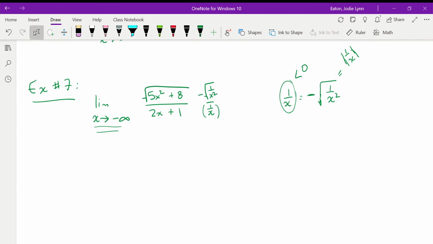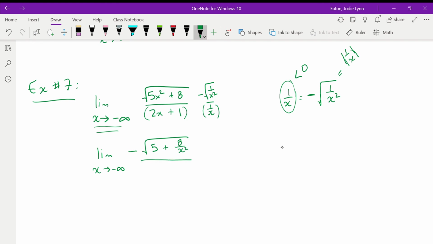Okay? So now I'm going to multiply this through. I need brackets in the bottom. So this is going to be the limit as x approaches minus infinity. The negative can't go under the radical. It's going to come right out front of negative radical 5 plus 8 over x squared. Notice that stuff all stays positive because the negative can't go under the radical.